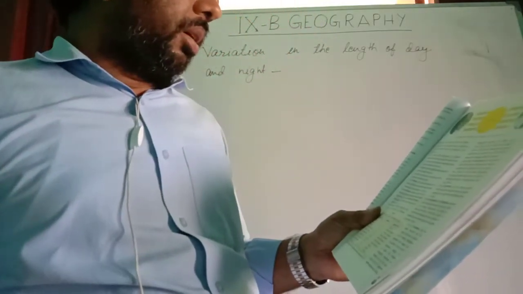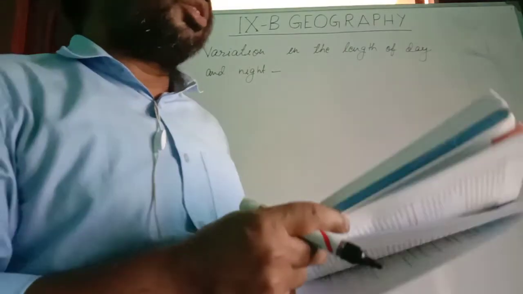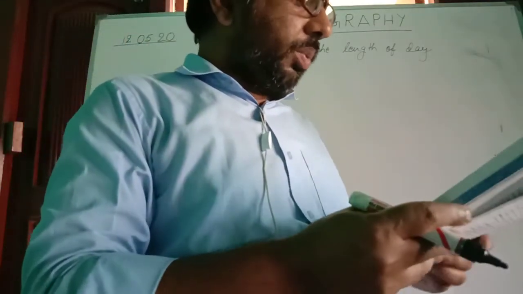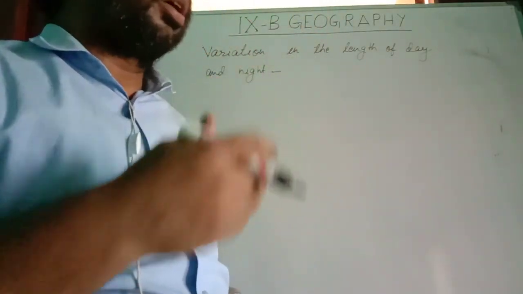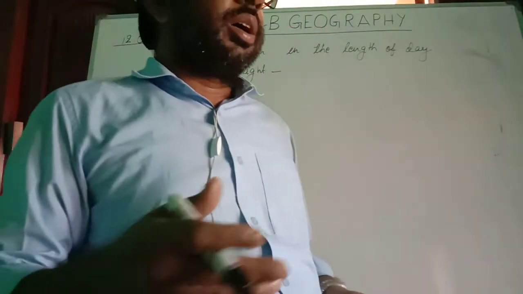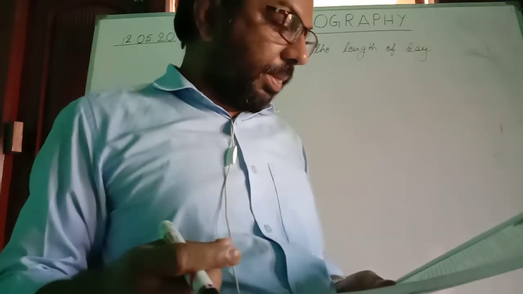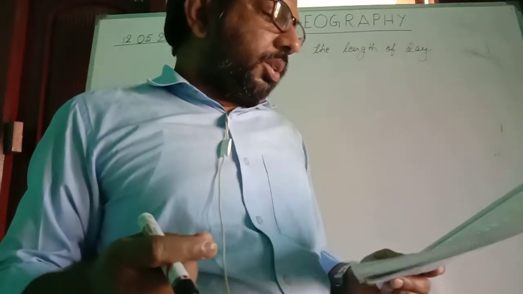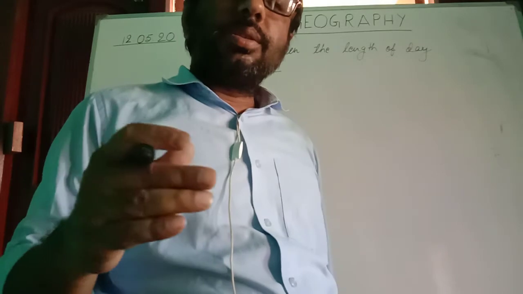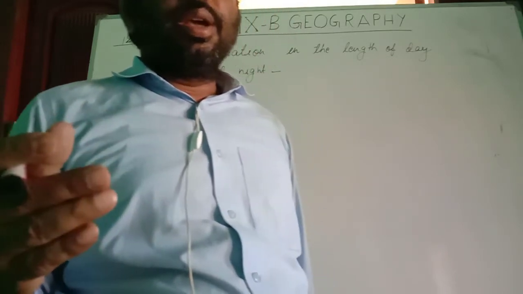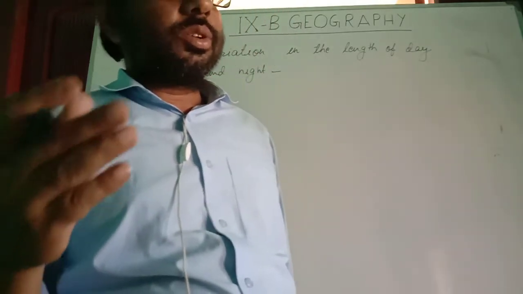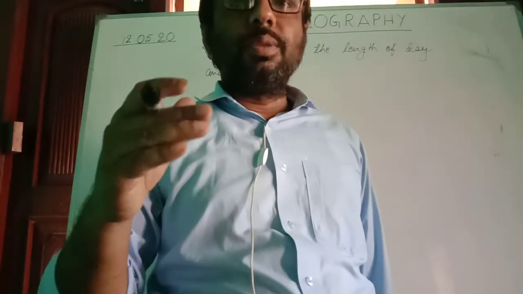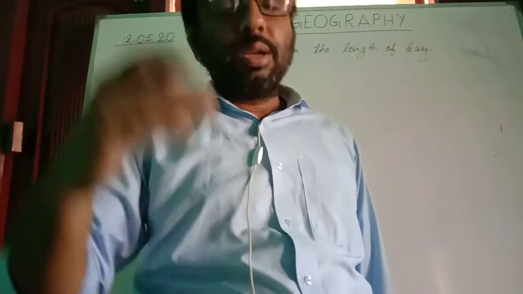The length of days and nights is always equal at the equator throughout the year. Those are represented as the equinox. The length of the day and night increases or decreases as we move away from the equator.